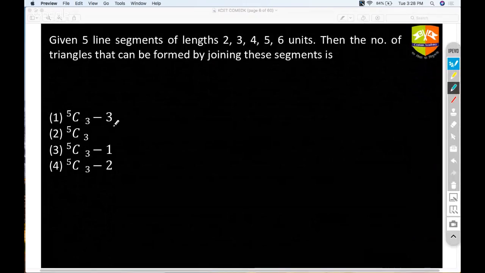Given 5 line segments of lengths 2, 3, 4, 5, and 6 units, the number of triangles that can be formed by joining these segments is. So you have to tell me how many triangles are possible with these segments as the length of the sides.